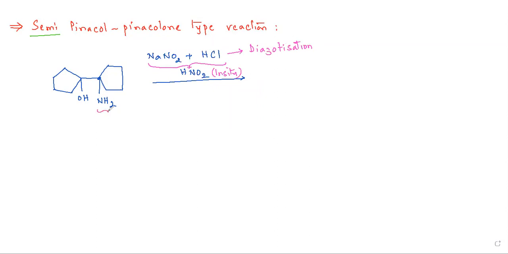Now simply this, which is a primary aliphatic amine, 1 degree aliphatic amine group. On diazotization, as we have already seen, this is going to get converted into a carbocation.